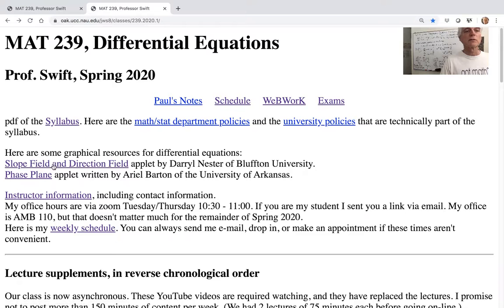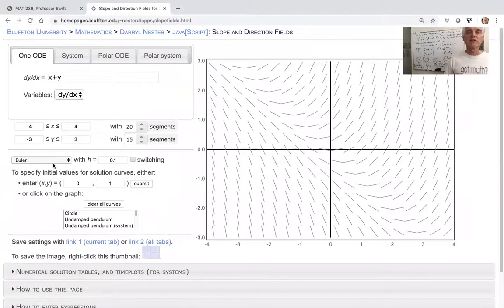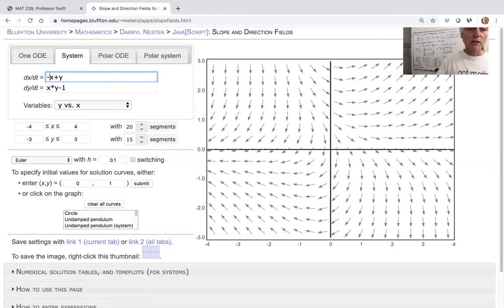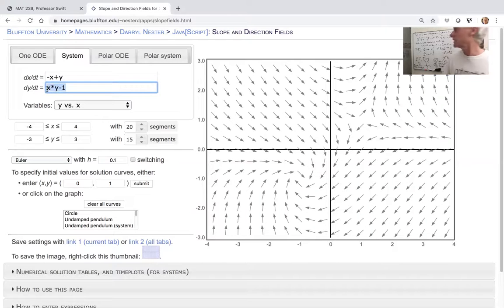Let's go to this slope field applet, the one that we like. We're going to go to system and do this system we talked about. What is it? dx/dt is minus x plus y, dy/dt is minus 2x plus y.